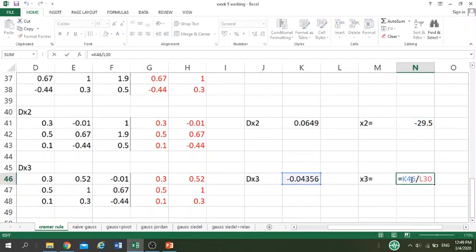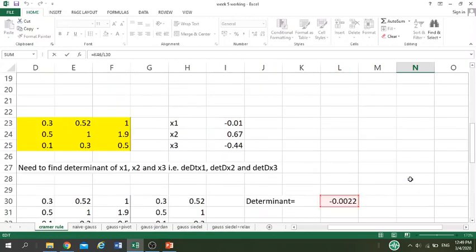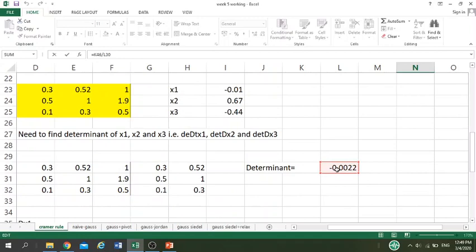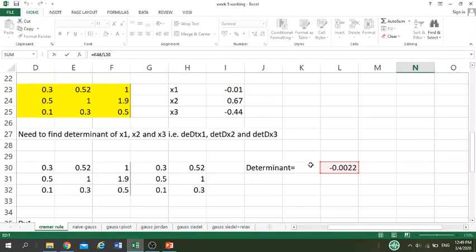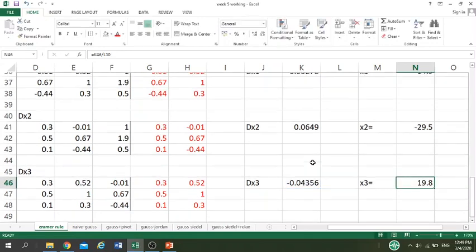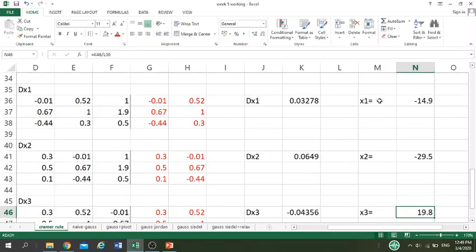Likewise for x3, divide the determinant of x3 over the value of the determinant that we calculated in our first step. Just follow this formula. So finally we get the values of x1, x2, and x3, which were originally unknown to us.